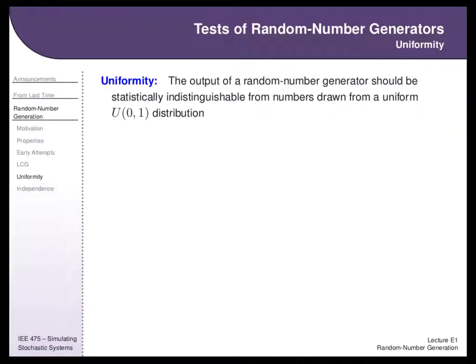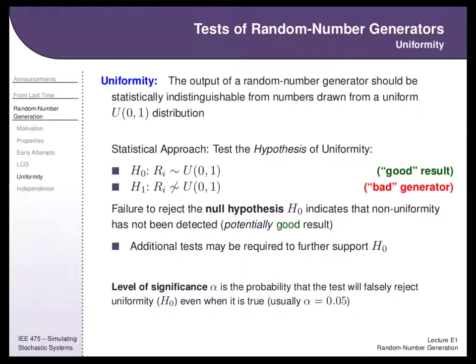So, uniformity. We say that the output of the random number generator should be indistinguishable statistically from a uniform distribution from 0 to 1. If we were to formalize that, we want to do a statistical test where the null hypothesis is that each random number comes from U(0,1).